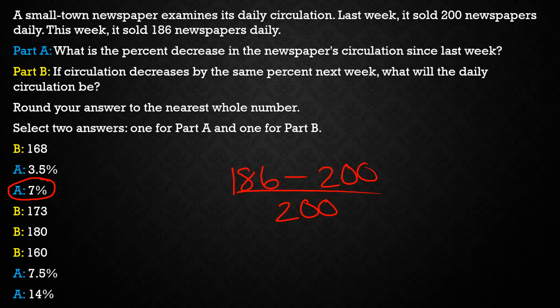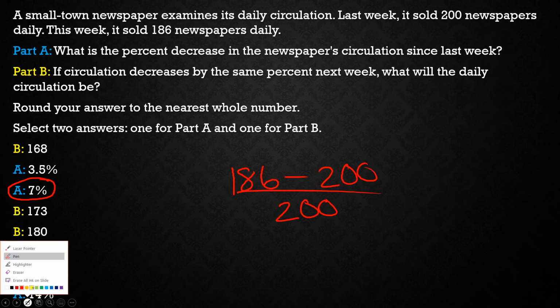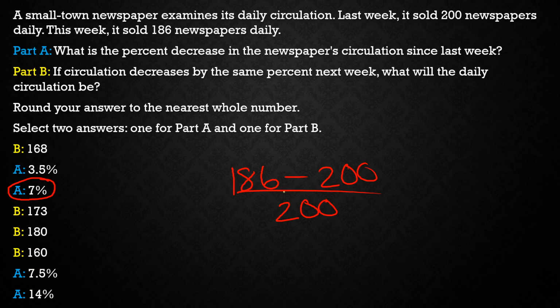B says if circulation decreases by the same percent next week, what will the daily circulation be? So for B, it's going to be a little bit different. When we ended our week 1, we were at 186, and it's decreasing by 7%, which means I need to multiply this by 7%.